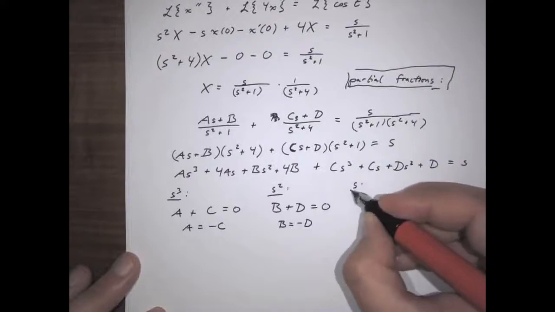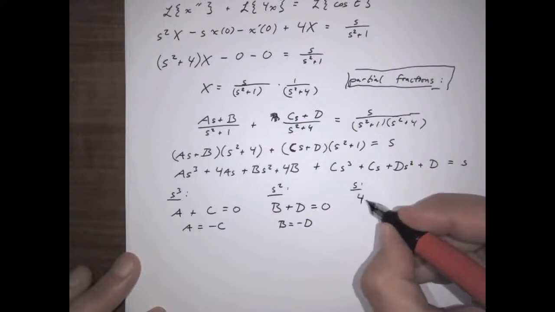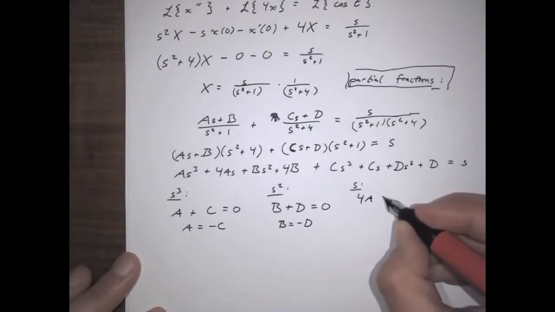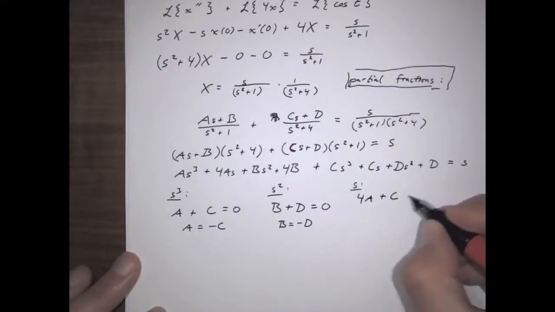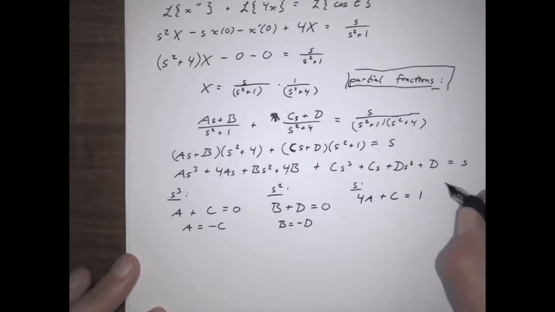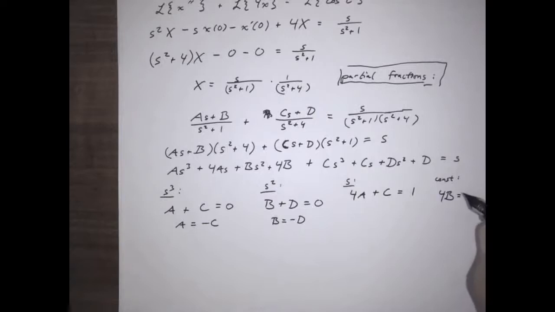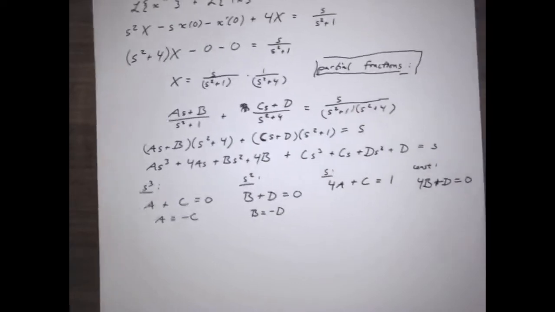From the s side of things, finally, I actually have something that's not equal to 0. I have 4a plus c is equal to 1. And then from the constant terms, I know that 4b plus d is equal to 0.